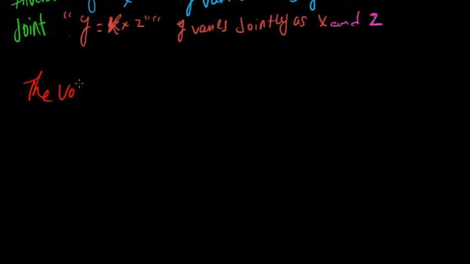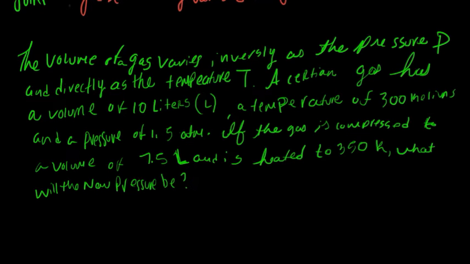So the volume of a gas, let me write this question here. This says the volume of a gas varies inversely as the pressure P and directly as the temperature T. A certain gas has a volume of 10 liters, a temperature of 300 kelvins, and a pressure of 1.5 atmospheres.